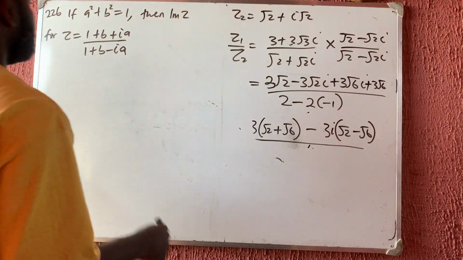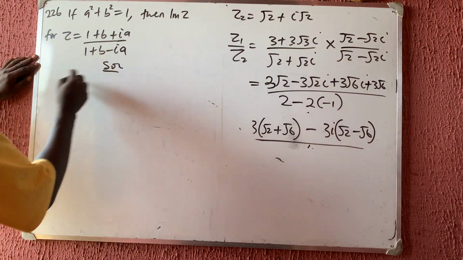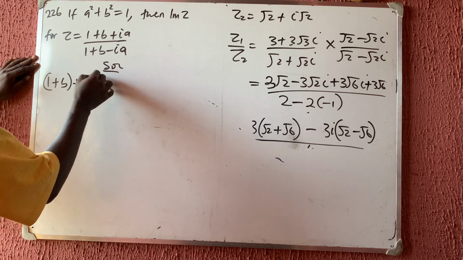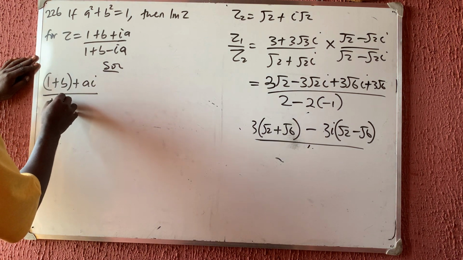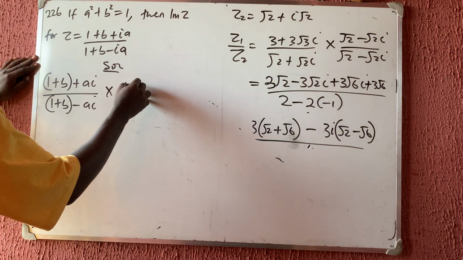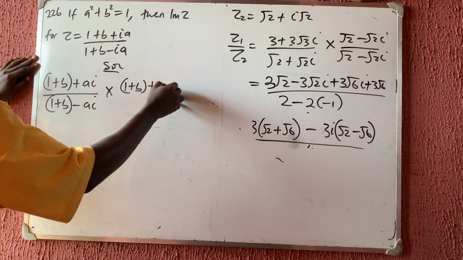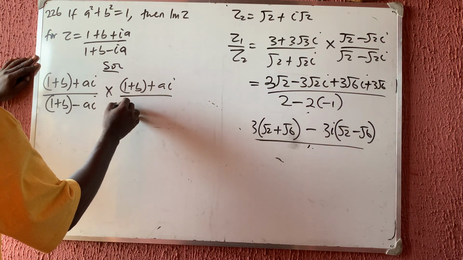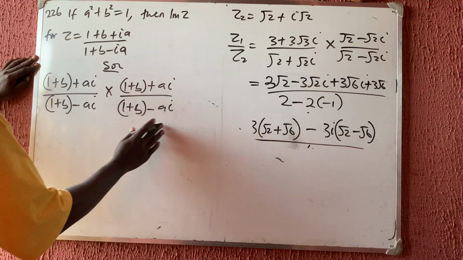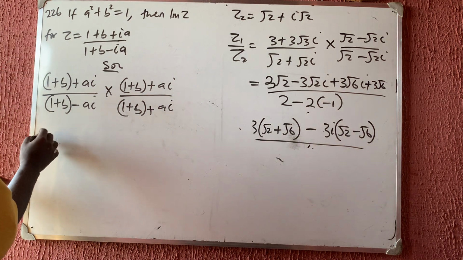So to do this is simply to rationalize. So I'm having 1 plus b plus ai all over 1 plus b minus ai, times 1 plus b plus ai all over 1 plus b plus ai.